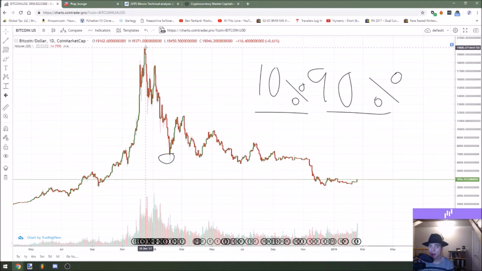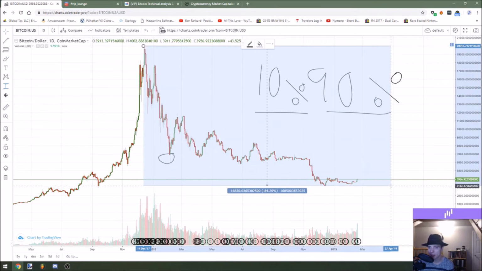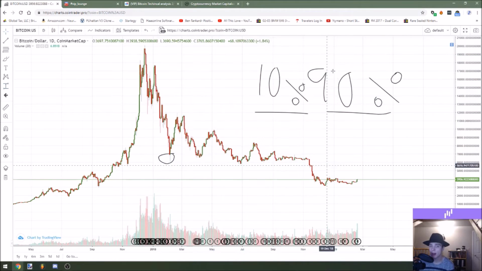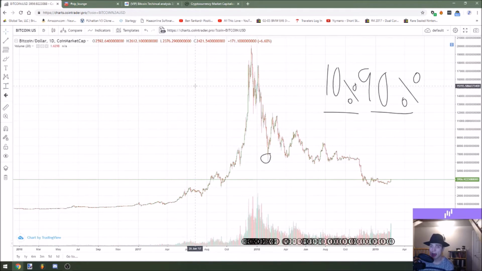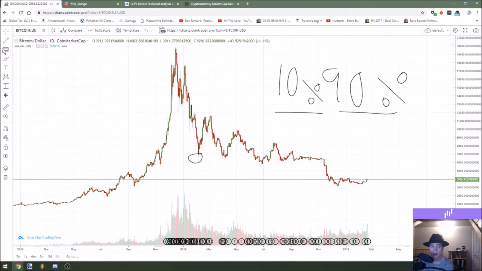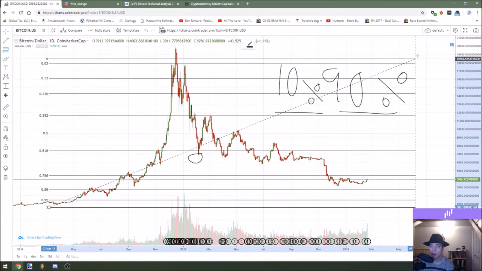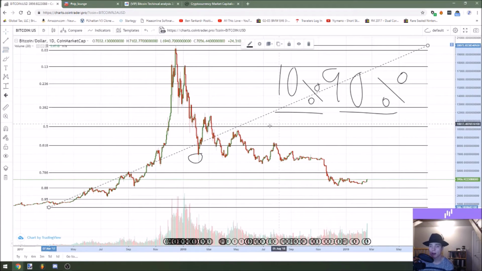Either way, thinking in terms of the percentage down from the peak is the most important part for finding undervalued assets and investing in them. And that's why I show the Fibonacci tool over and over and talk about the big picture cycle and these Fibonacci levels.